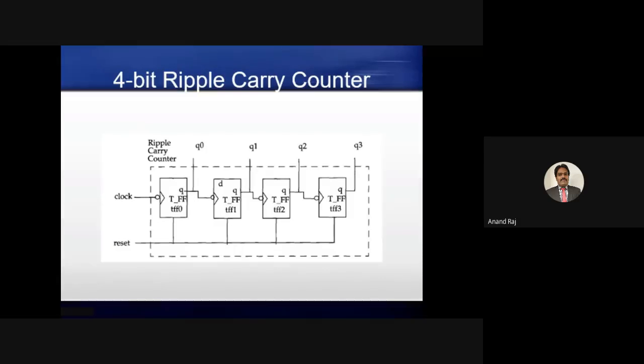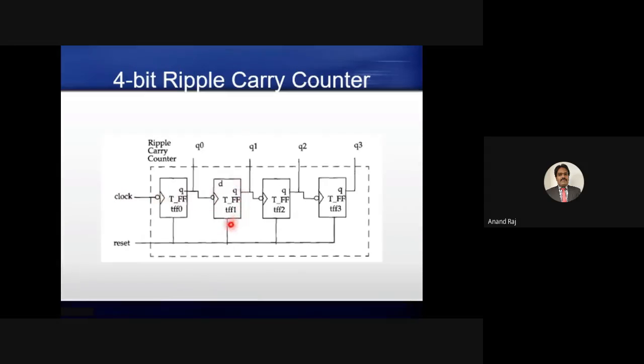We'll look into an example to understand the bottom up and the top down design methodologies. The example taken is 4-bit triple carry counter. The 4-bit triple carry counter is realized using 4 T flip-flops, and it is ripple carry counter, that is it's an asynchronous counter because only the first flip-flop will be getting its clock from the system clock.